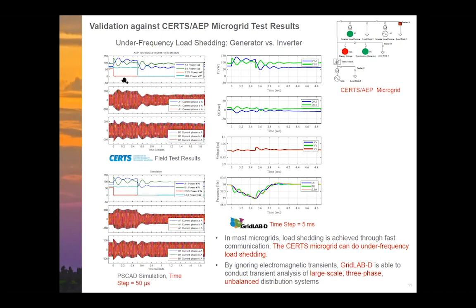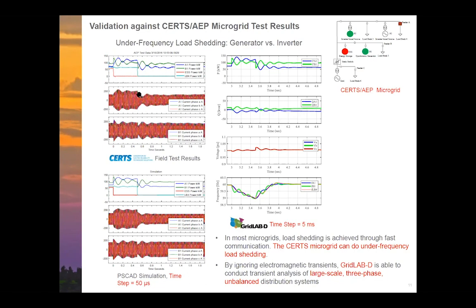And here are the field test results. You can see that when the energy storage is tripped, both the A1 inverter and the synchronous generator B1 become overloaded, and there are some oscillations between them. But the frequency is driven down. After about half a second, load bank 4 is tripped by the frequency relay, the output power of A1 and B1 goes back to normal, and the system survives.